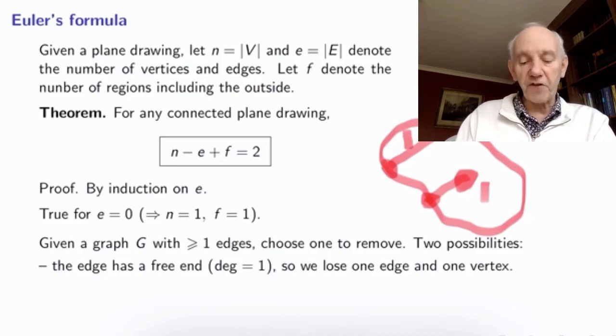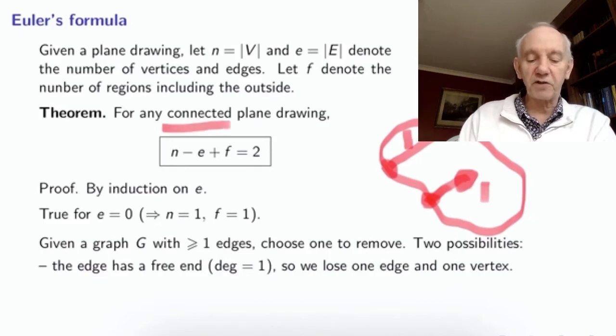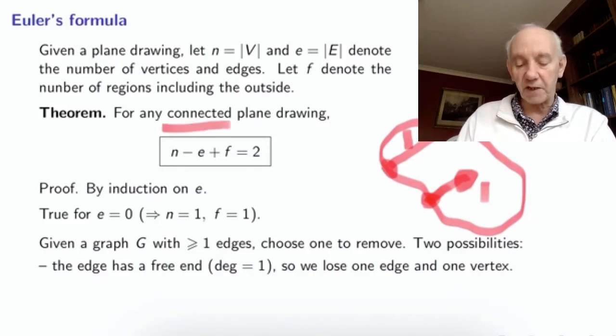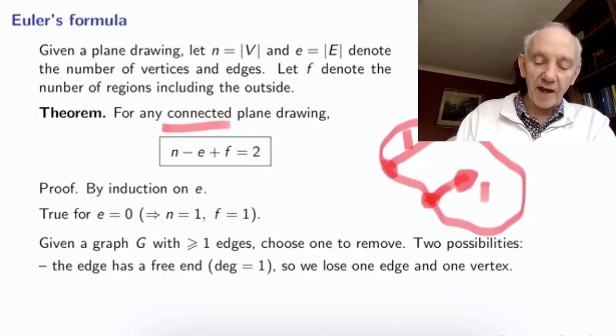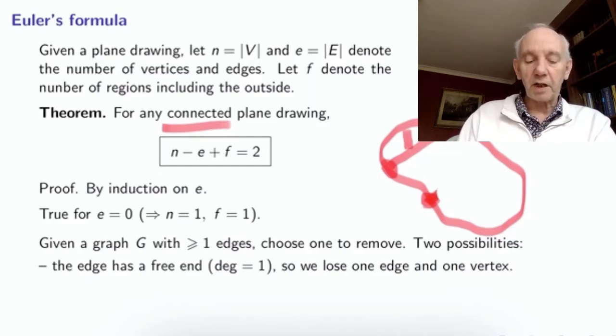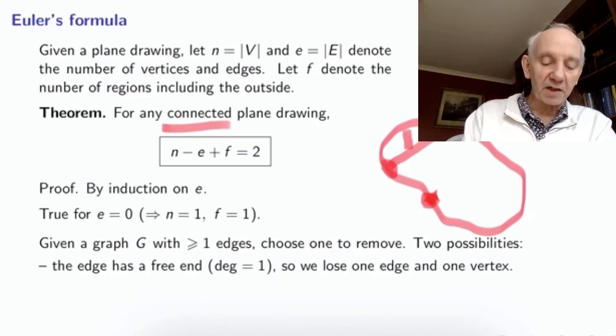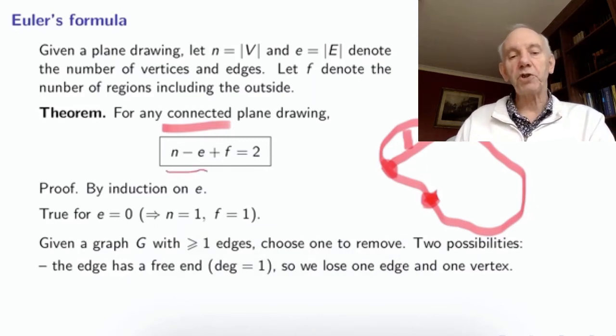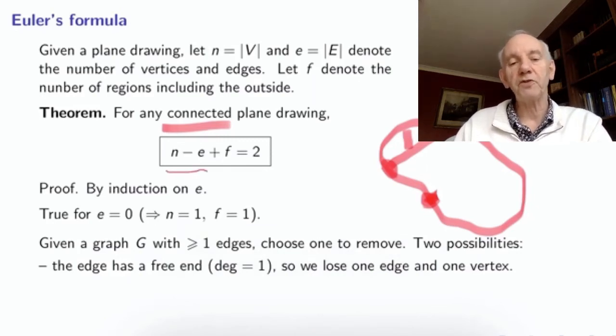Now I want to remove this edge with the free end, but because I need to have a connected graph, I also have to remove the free vertex, which isn't attached to anything else. So I remove both the edge and the vertex. What I've done is I've removed one edge and one vertex, but n minus e will not change. If this formula worked for the smaller graph, it will still work for the graph with one extra edge and vertex.